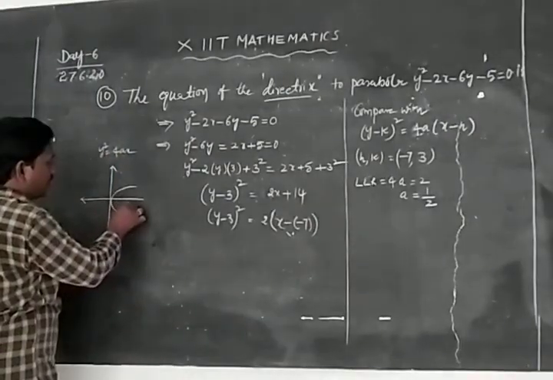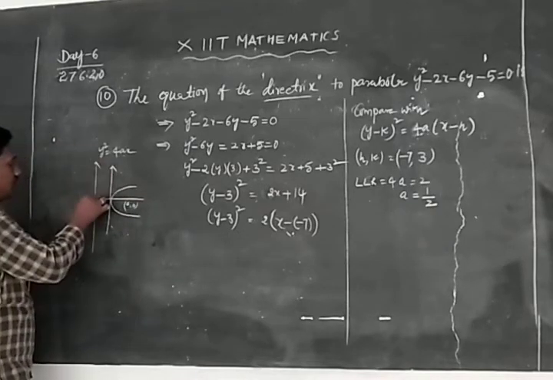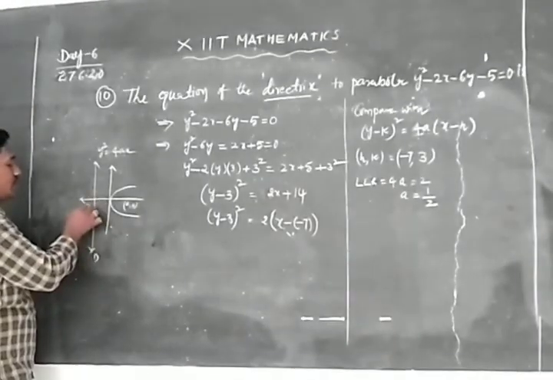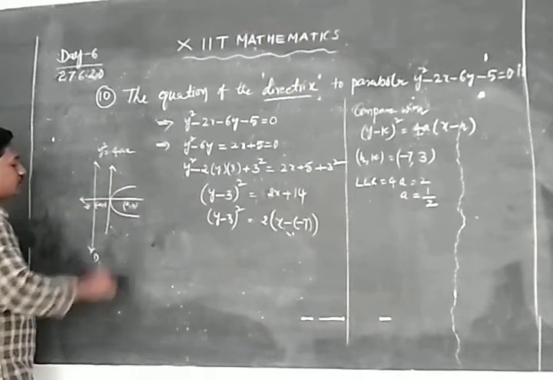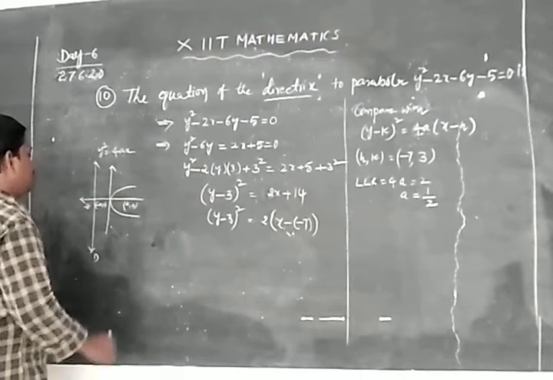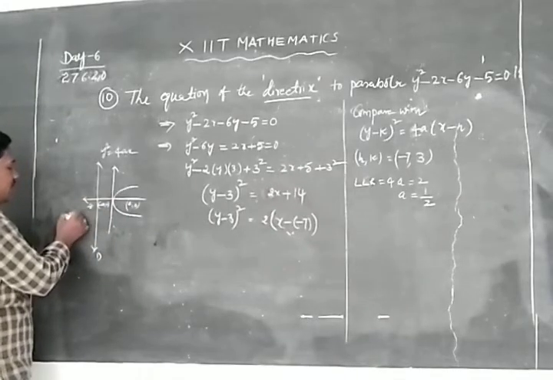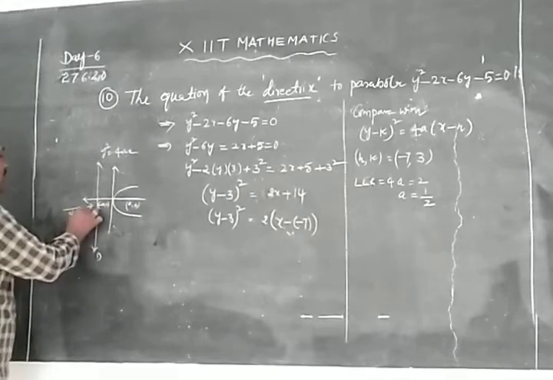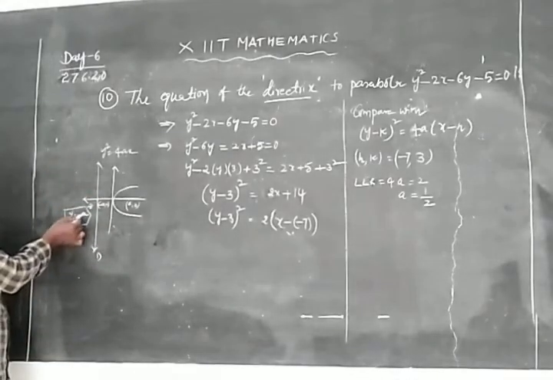This is a comma 0. This is the directrix, minus a comma 0, x equal to minus a. This is the equation of the directrix, x equal to minus a.